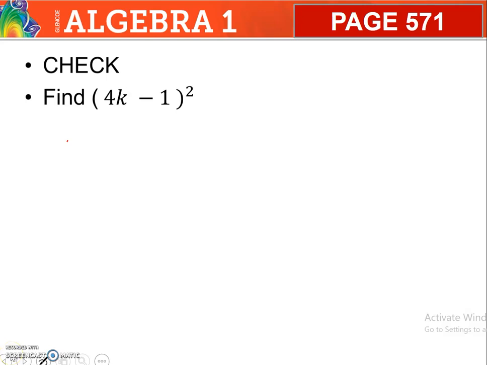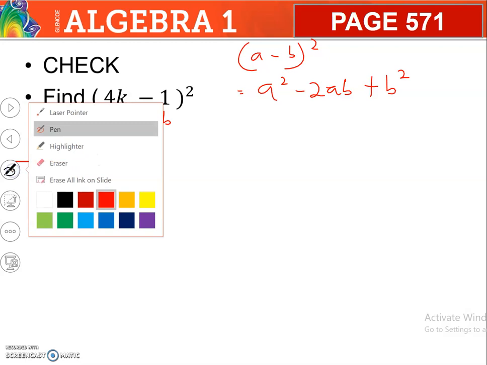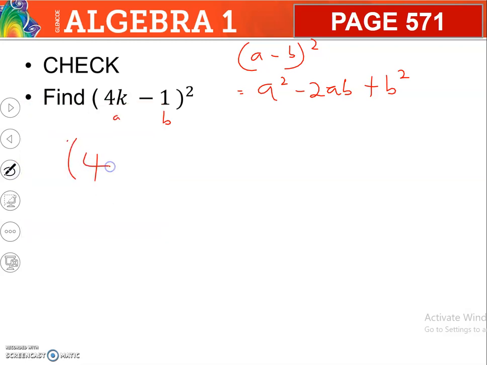Let's continue to solve for our check question. So 4k is a and b is 1. So when we have a minus b squared, our answer is a squared minus 2ab plus b squared. So in that case, a is 4k squared minus 2.